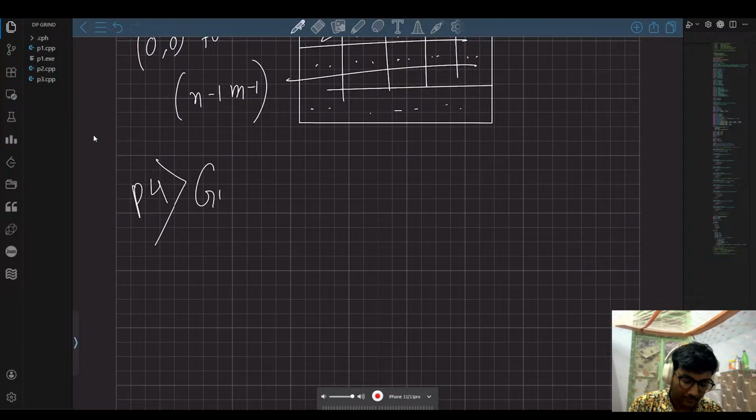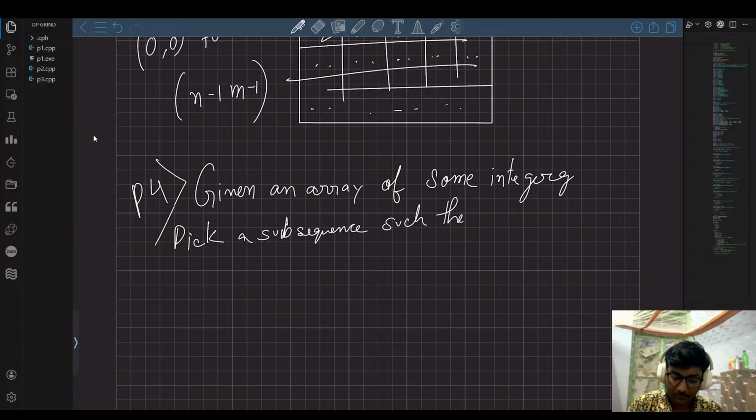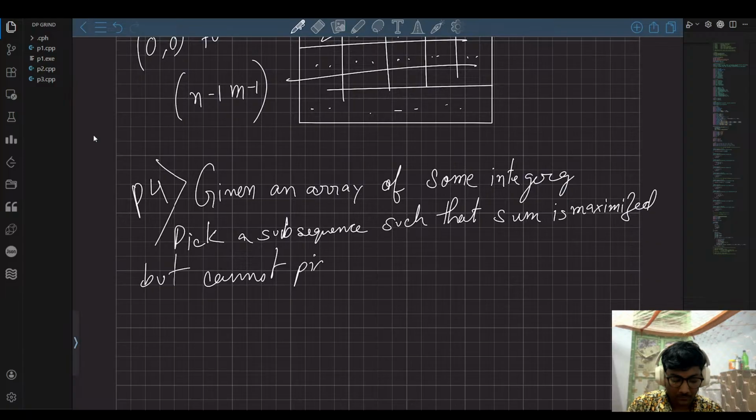So let's say: given an array of some integers, pick a subsequence such that the sum is maximized, but cannot be adjacent elements.